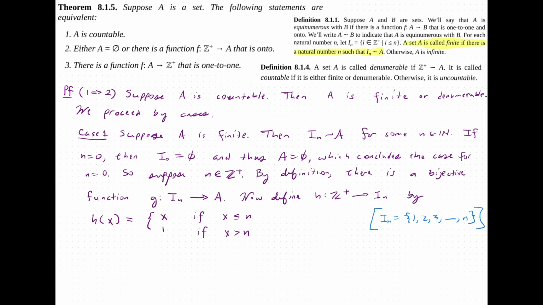And then finally, if x is greater than n, then we are just going to map to 1. But that gives us a function that is onto. So by construction, h is onto.